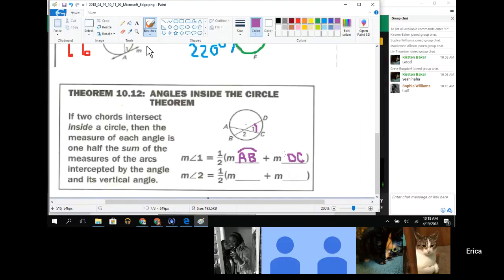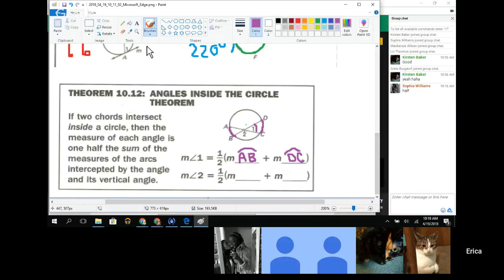Another kind of weird little theorem that you definitely want to put on your sheet because it's not as intuitive. So if I want to find the measure of angle 1, I'm going to take the average of arc AB and DC. I'm going to add these two arcs together and divide by 2. I'm going to multiply by 1/2. So that's going to give me the measure of angle 1.